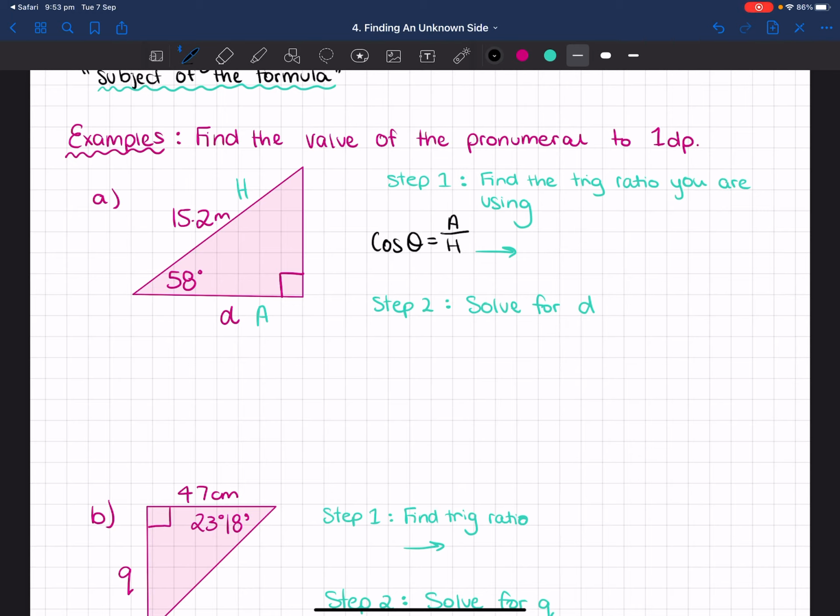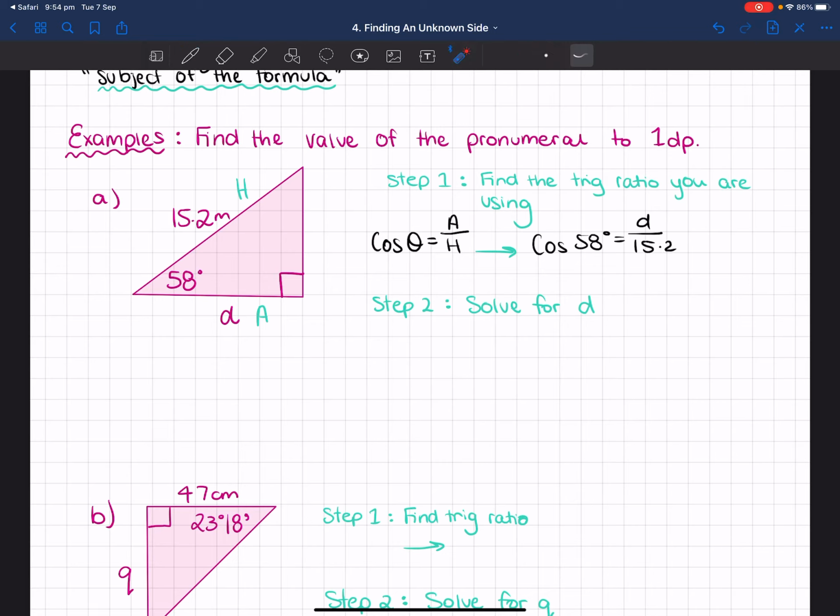Then we're going to sub in the information that we've got. So instead of theta, we've got 58. So we've got cos of 58 degrees is equal to our adjacent, which is d, over our hypotenuse, which is 15.2.